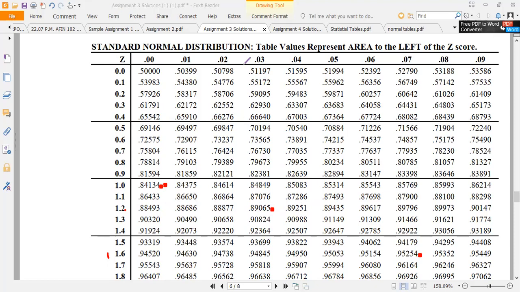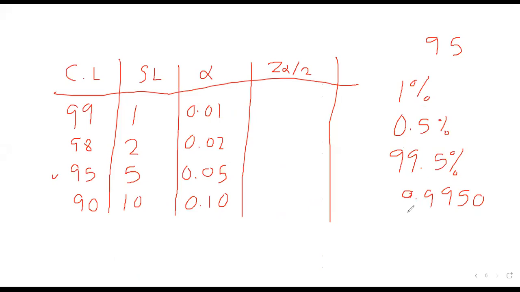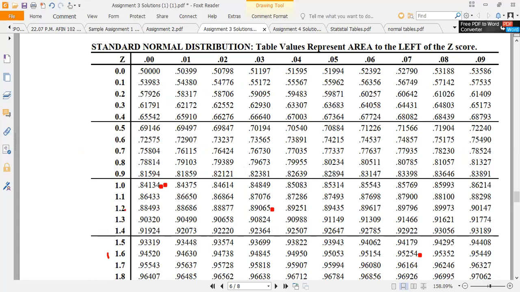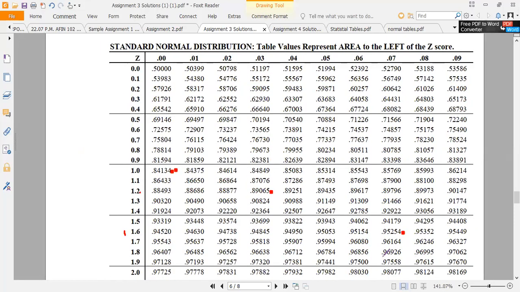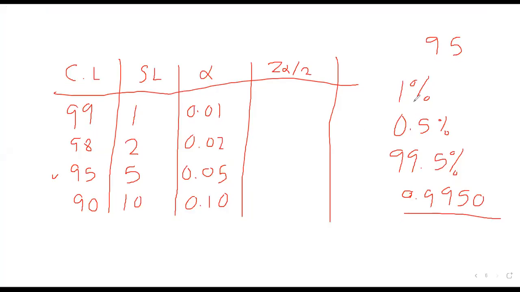At this point, we've been asked to read out the reading for 0.9950. So we're going to locate 0.9950 inside the table here. So we'll go through the steps we had. Step 1, 99%. 99% subtracted from 100, we get 1%. 1%, we halve it because it's two-tailed, we get 0.5. 0.5, we subtract from 100, we get 99.5.